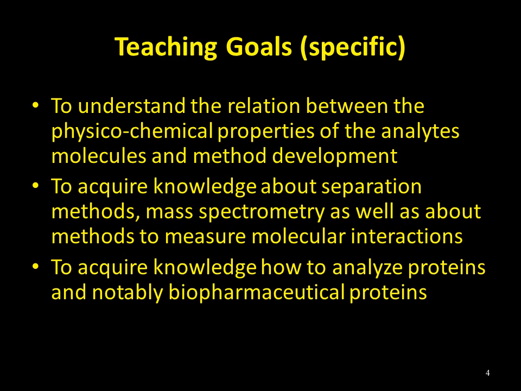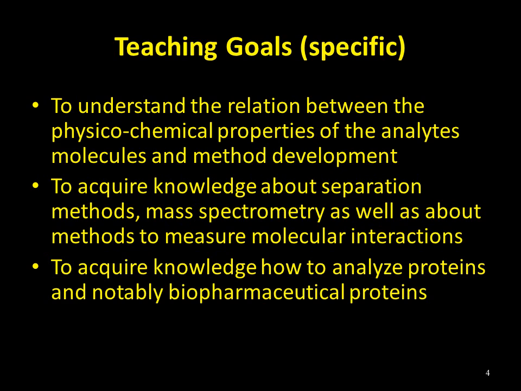Specific teaching goals comprise the understanding of the relationship between the physico-chemical properties of analytes and the methods that you need to analyze them. It is also important to acquire knowledge about separation methods such as electrophoresis and chromatography, of which you have heard during previous pharmaceutical analysis courses, as well as mass spectrometry, a very important method to detect and identify molecules.